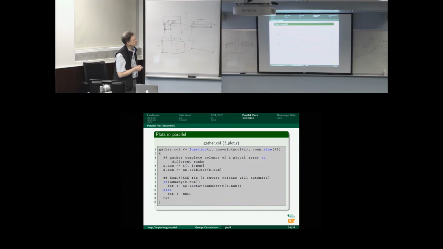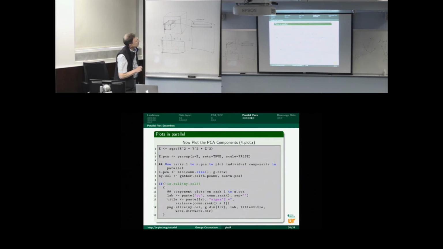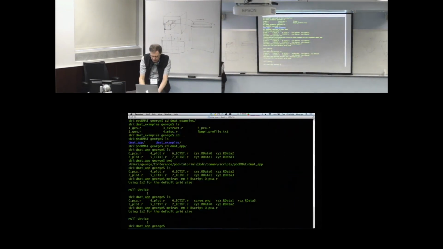But we do have a function that will determine if you actually own any data or not. Okay. And so now we plot the components, and there's the script that I'm going to use.